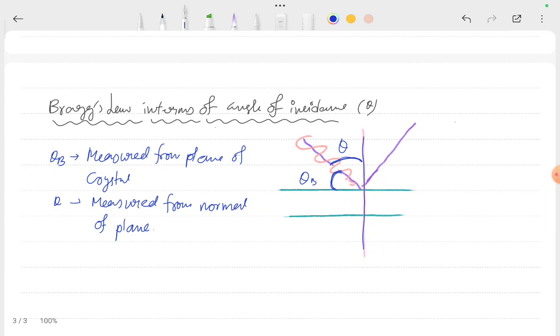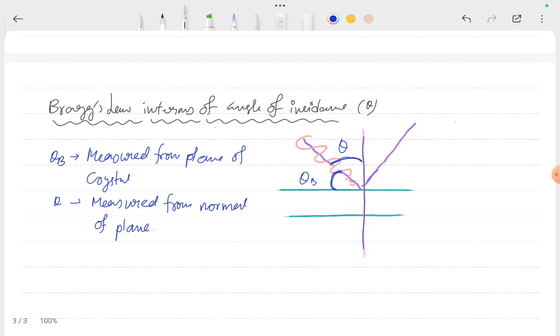So whichever is mentioned in your question paper, please be serious when you do any kind of problems using Bragg's law. First, for a second, just check which angle is actually mentioned, Bragg's angle or angle of incidence. If Bragg's angle is mentioned, then you can use the first Bragg's law equation, but if angle of incidence is mentioned, then use another Bragg's law. Now let's develop it here.